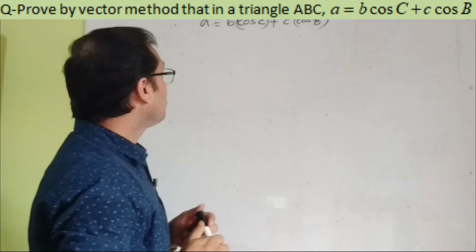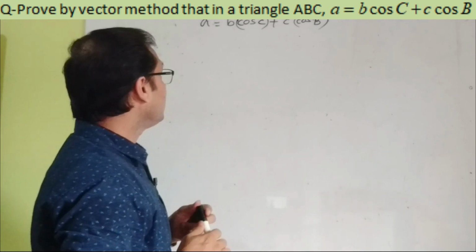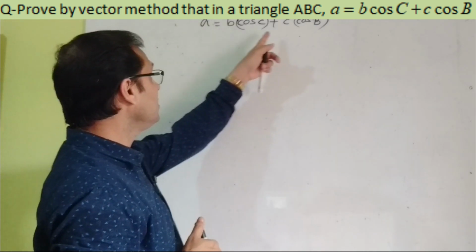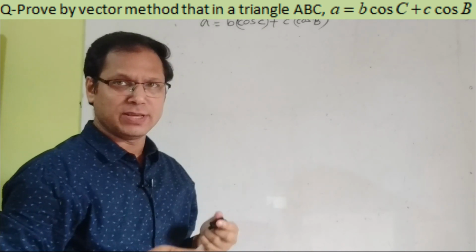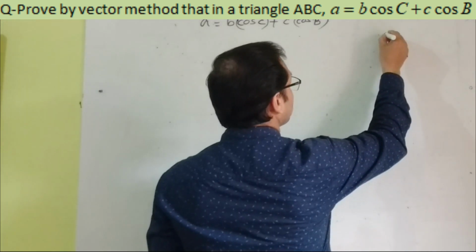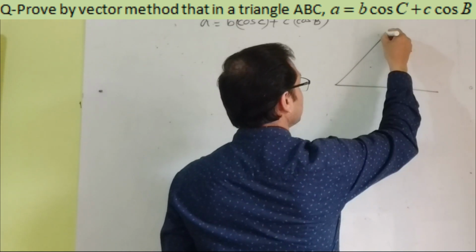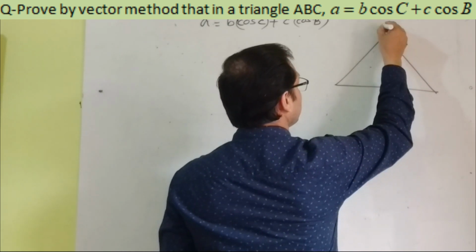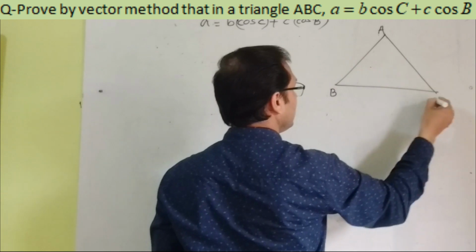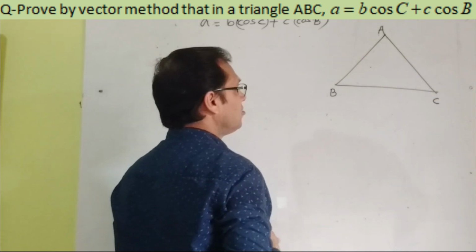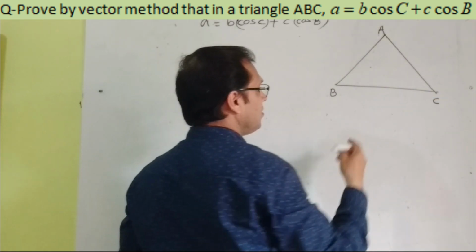You read the question: prove by vector method in a triangle ABC, small a is equal to b cos C plus c cos B. So if one triangle is here, let the triangle be named A, B, C, and whose sides are represented by vectors.